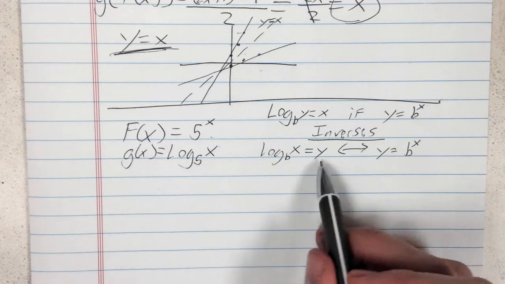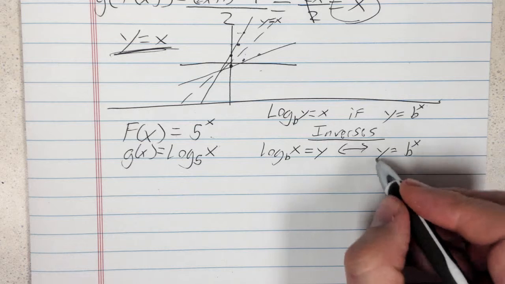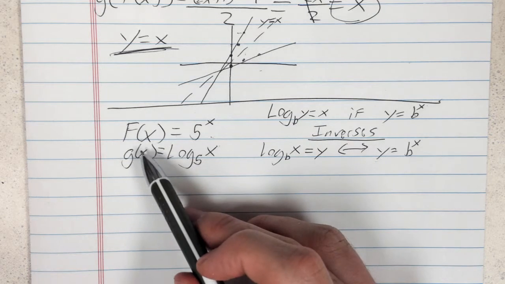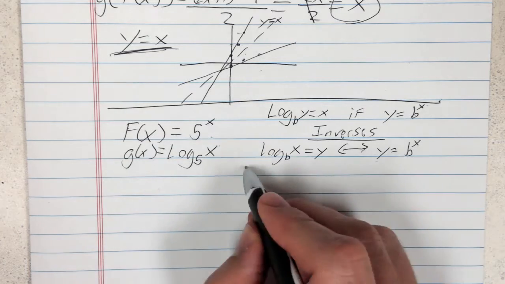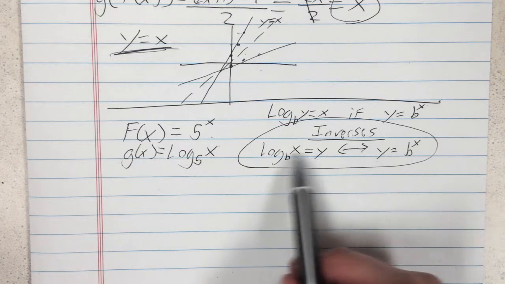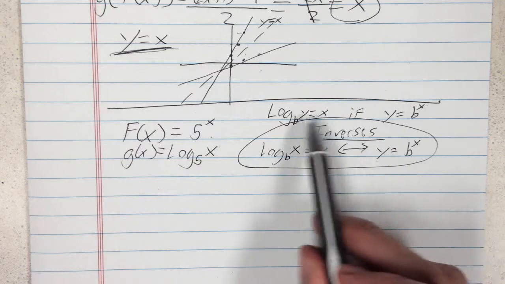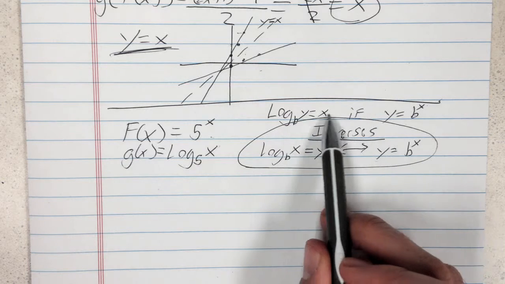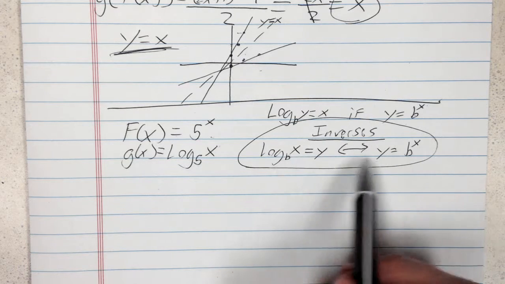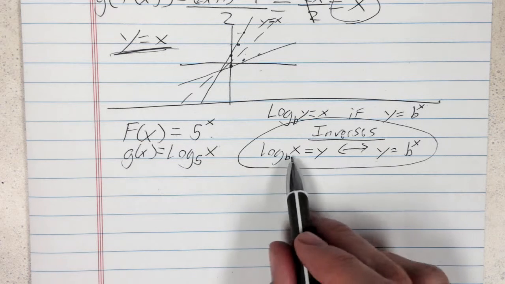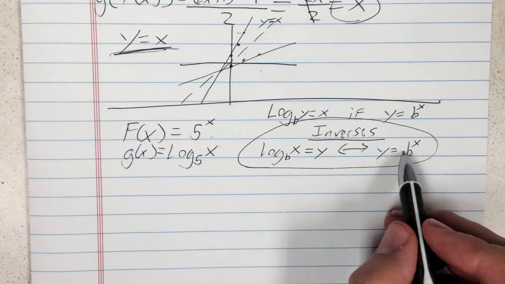It makes sense here because we're wanting to write y equals and y equals. So we have f of x and g of x. The first step is flip-flop our x and our y's. These two statements are equivalent. When we flip-flop our x and our y, now we have the inverse. We've gone from an exponential to a log, or from a log to an exponential.